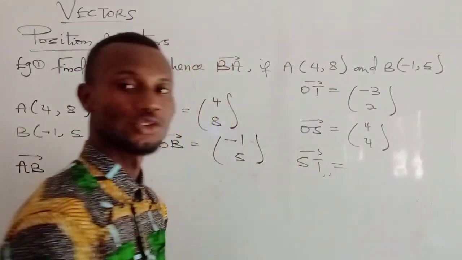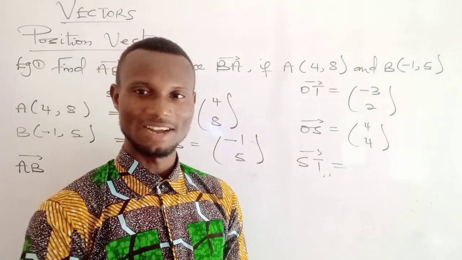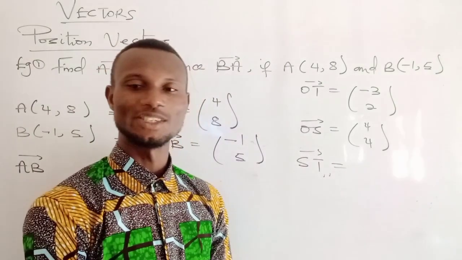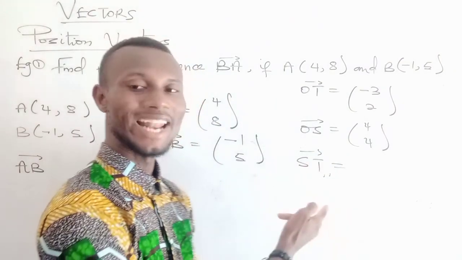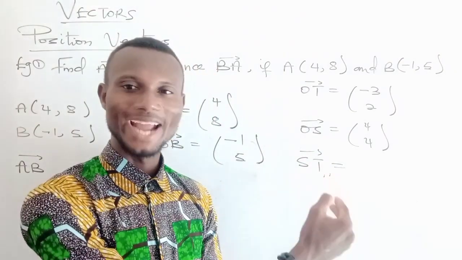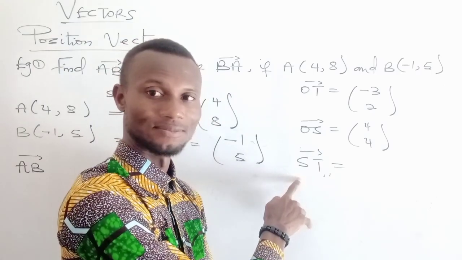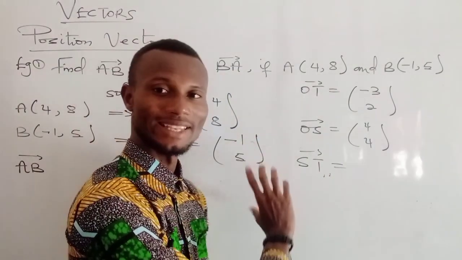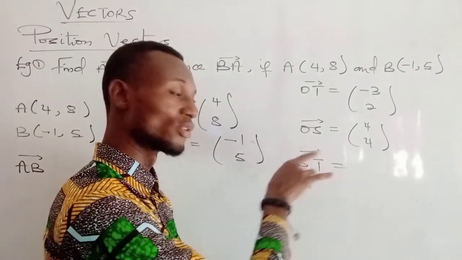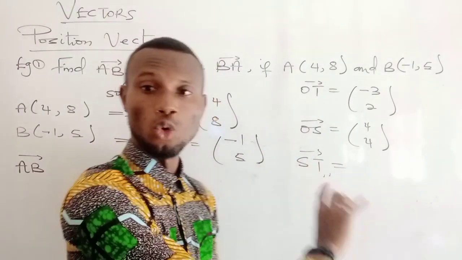For you to find the vector ST, the rule that governs it says that it is always the position vector of the last letter minus the position vector of the first letter. Again, to get my vector ST, it is the position vector of the last letter, which will be OT.